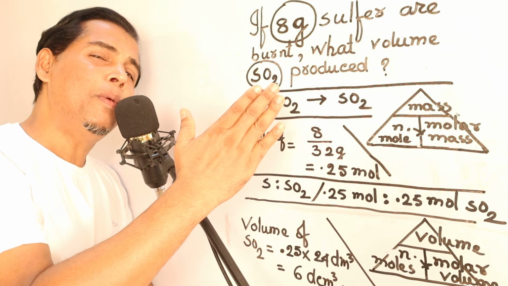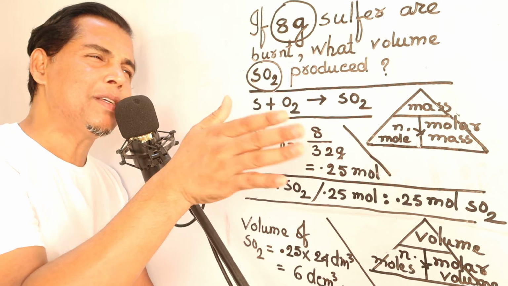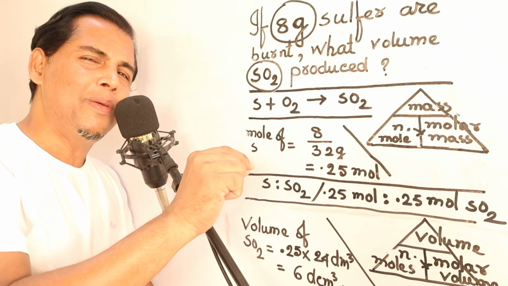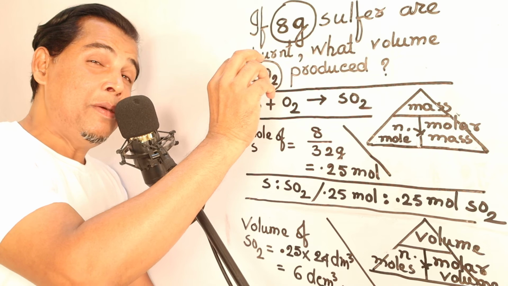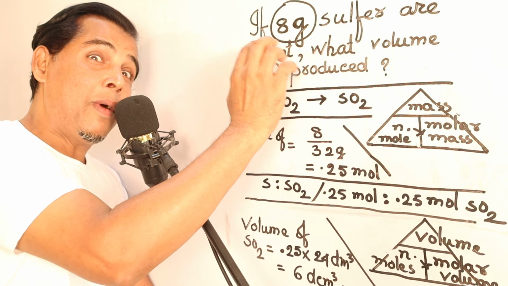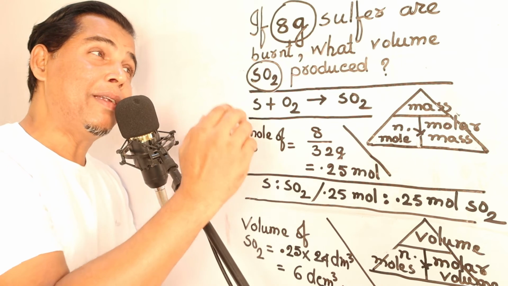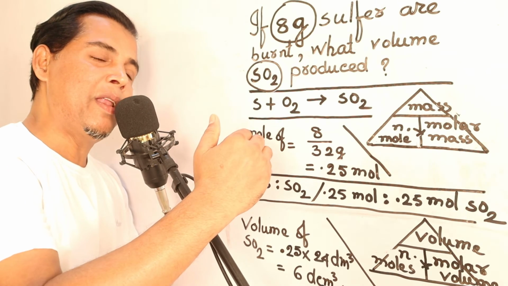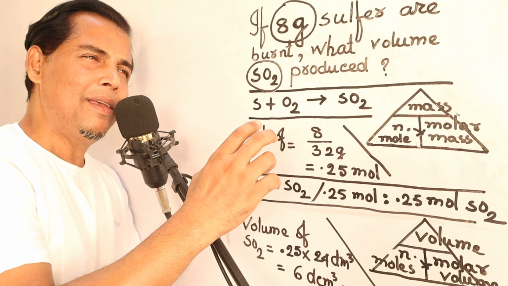So you should have a well-planned approach. In physics or chemistry, you should not just randomly think and write. You have to have a plan. First, you need to plan what data are given and what needs to be found. Think commercially, not emotionally.